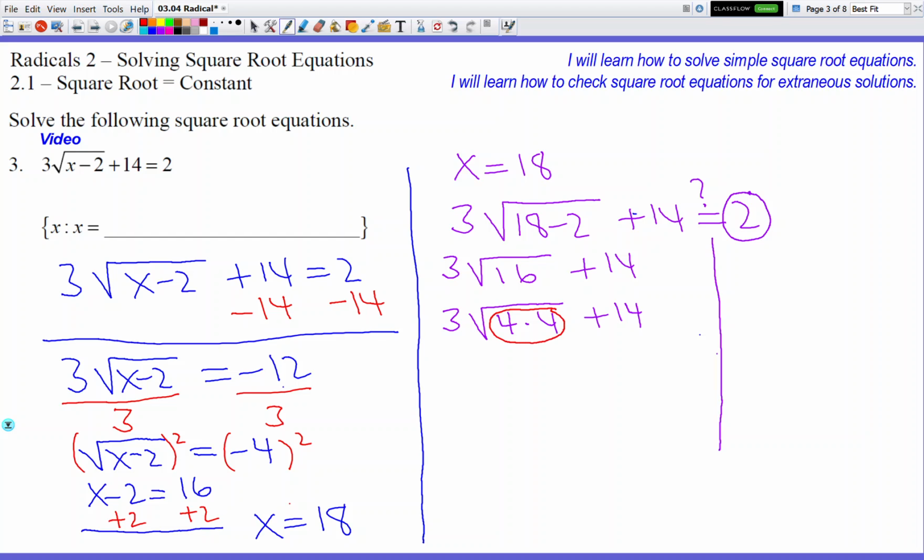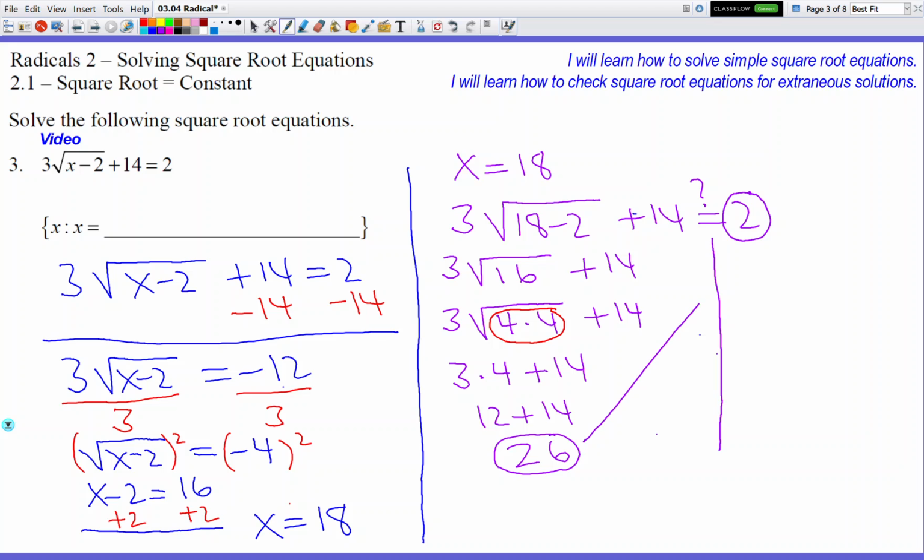And because they got circled, they get to go outside and join the 3 that's already out there. And let's continue on. So we get 12 plus 14, and that makes 26.